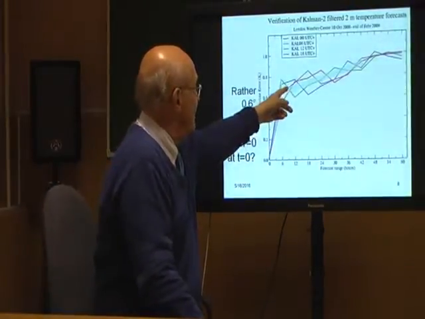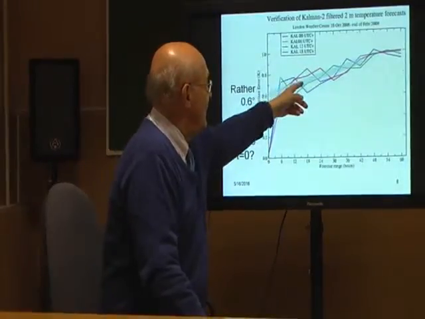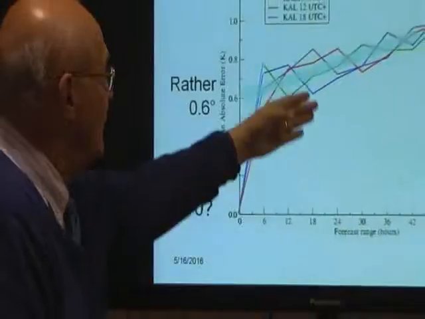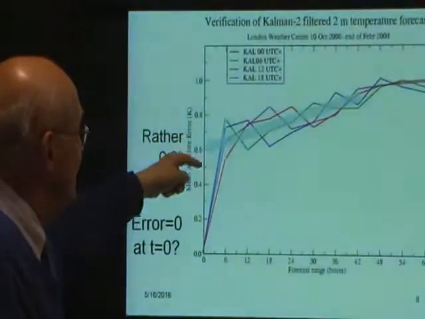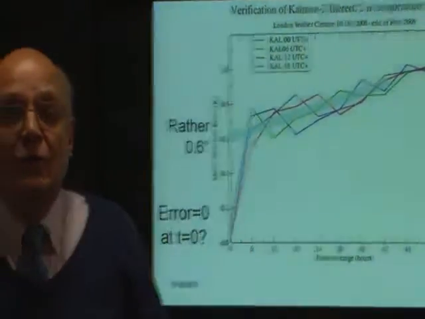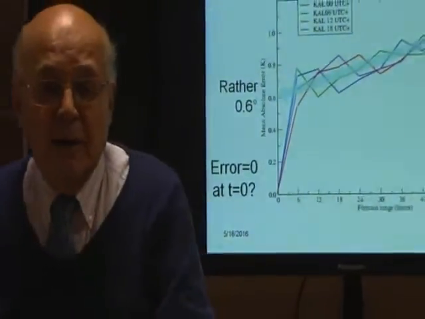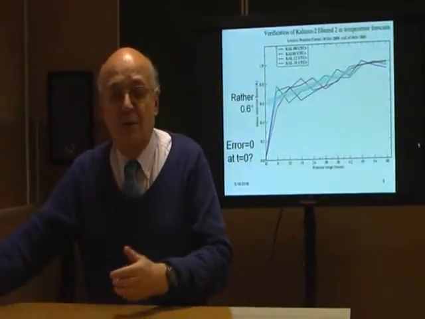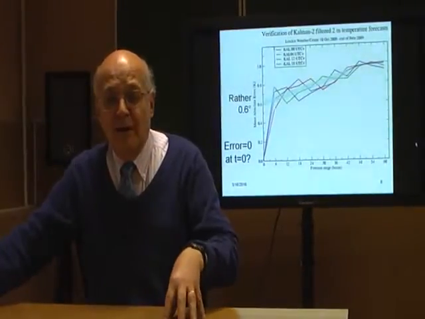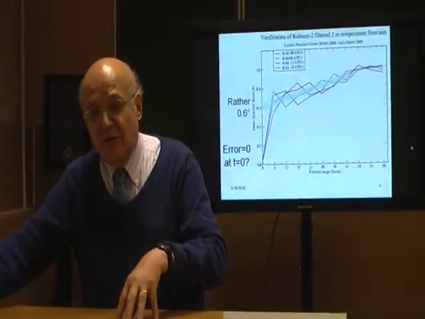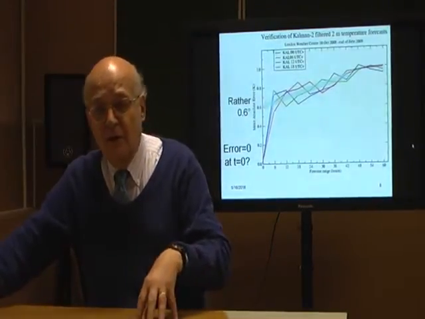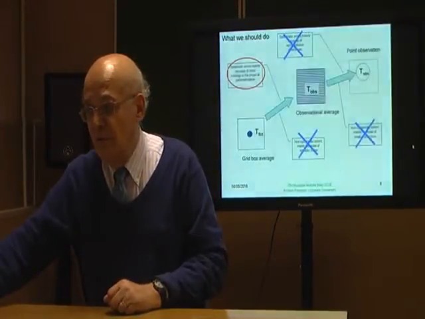But as you can imagine, if you extrapolate this 6, 12, 18, 24-hour forecast backwards, the initial error is actually in this case 0.6 or perhaps even more. So it's another indication that we cannot expect that the errors at initial time are necessarily 0. We have observation errors, we have other things that make them non-zero.